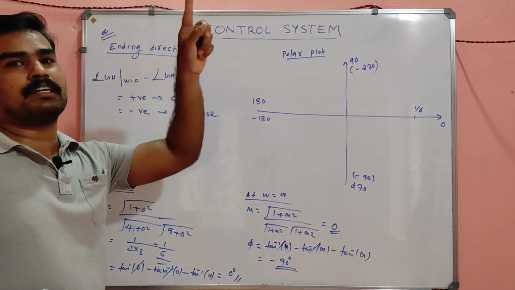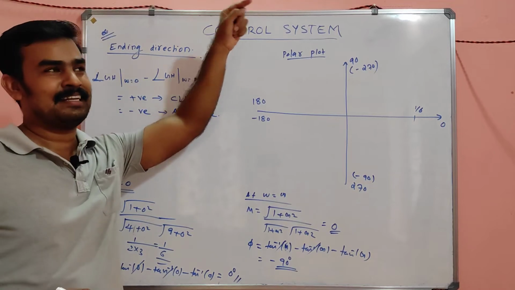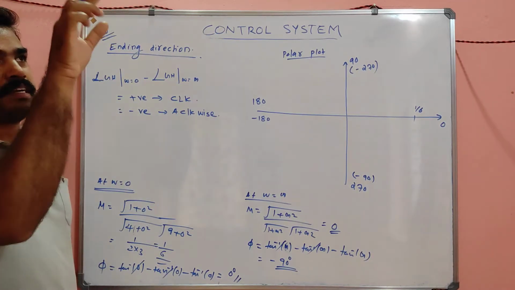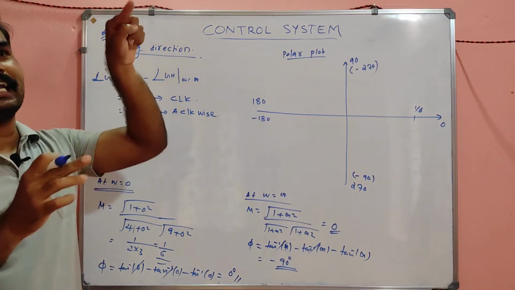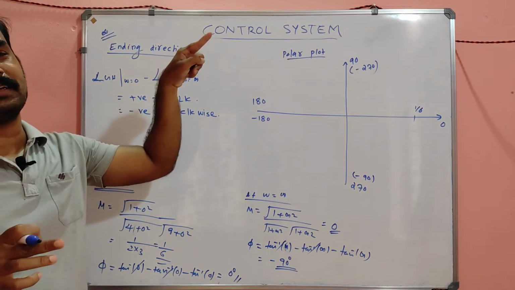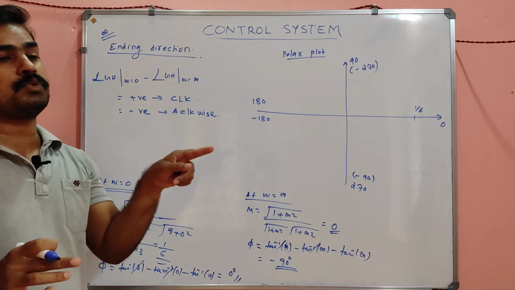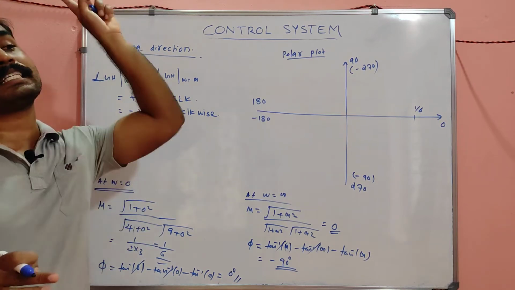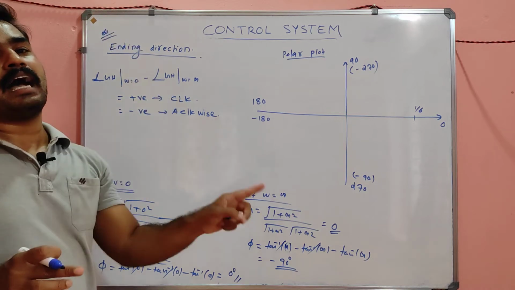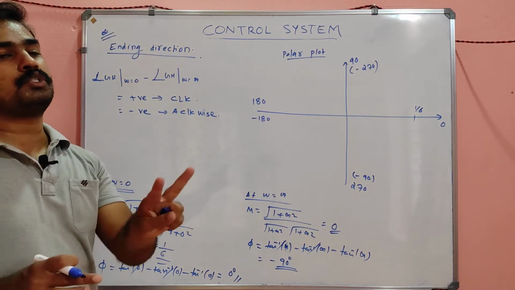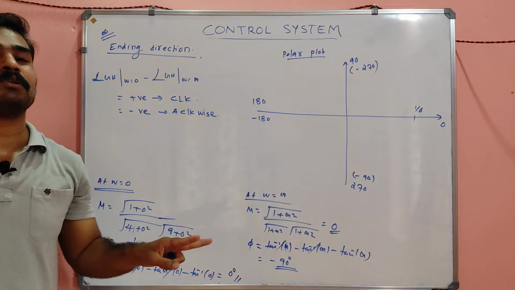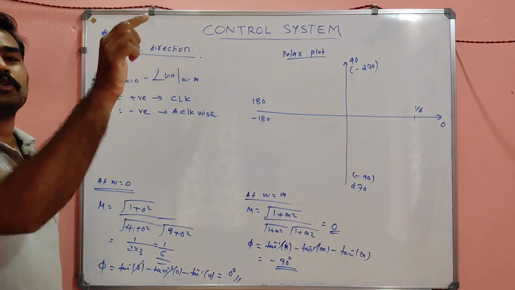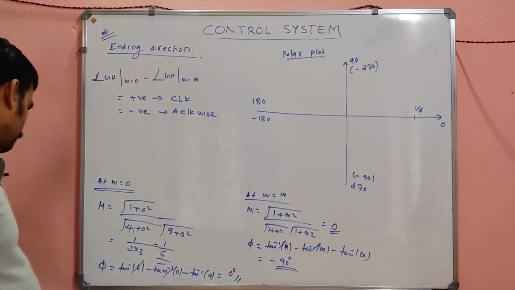Numerator contains s plus 1. Put s plus 1 equal to 0, s equals minus 1, and that zero is near the origin. Denominator s plus 2 equal to 0 means minus 2 is a pole, and s plus 3 equal to 0 means minus 3 is a pole. Those two poles are not near the origin, but the zero is near the origin, because when we equate the numerator to 0, s plus 1 is equal to 0. Correct.